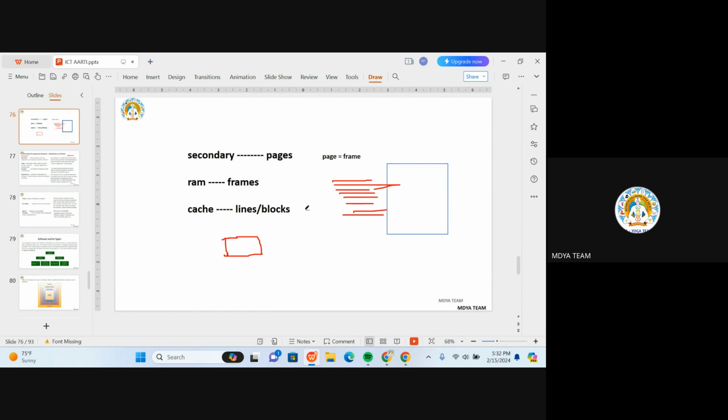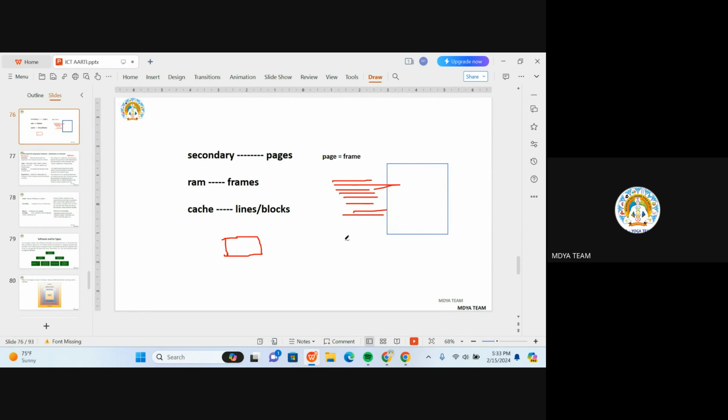Suppose, for example, a PPT. Our PPT has 80 pages, so it will be stored as 80 pages. It will execute in front of you in the form of 80 frames when you give the presentation.